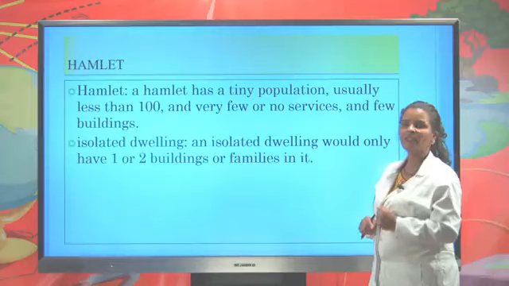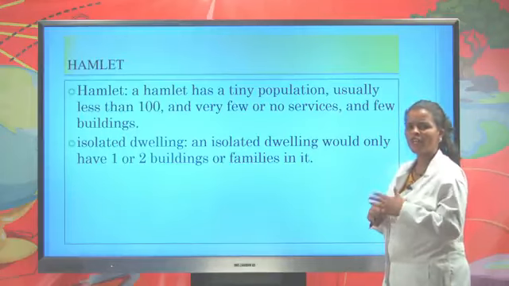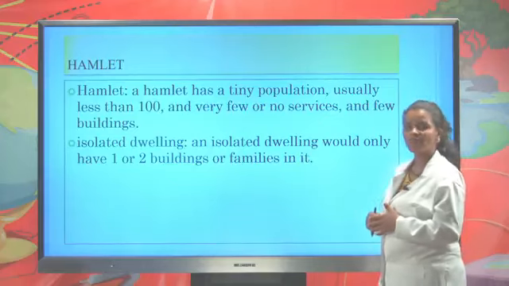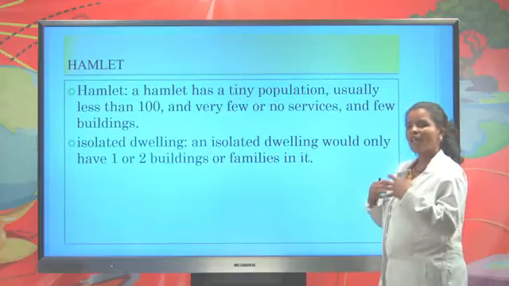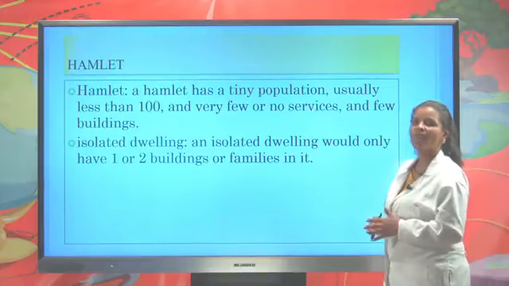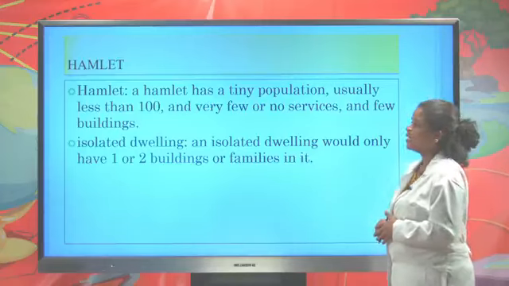A hamlet has a tiny population, usually less than 100, very few or no services, and few buildings. An isolated dwelling would only have 1 to 2 buildings or a family in it.